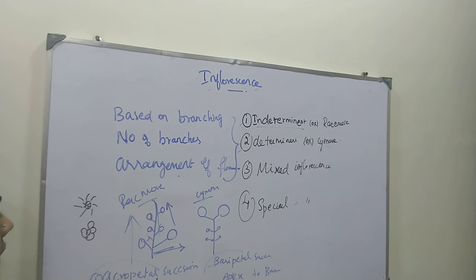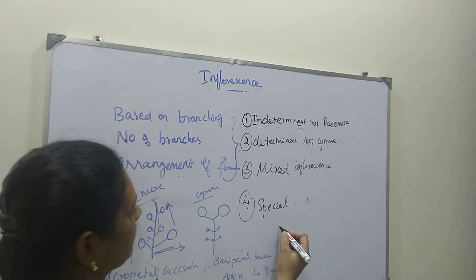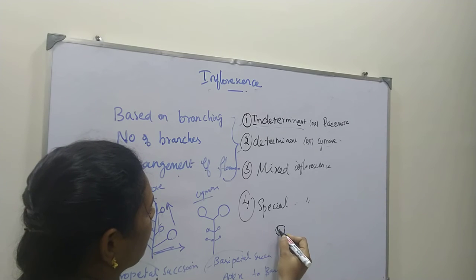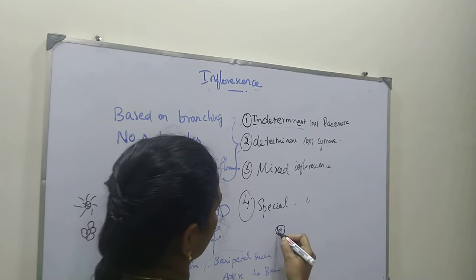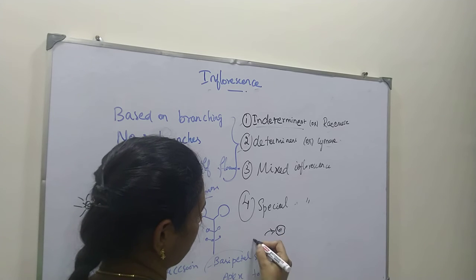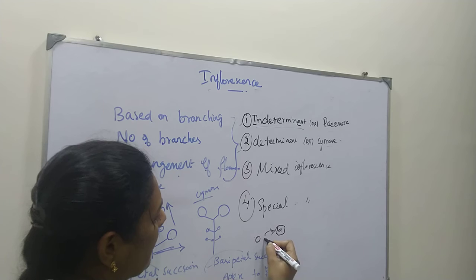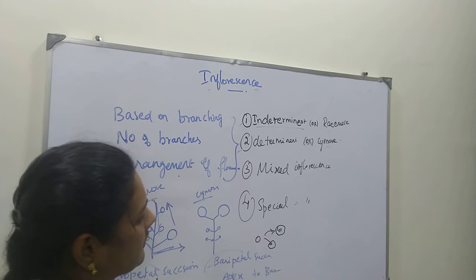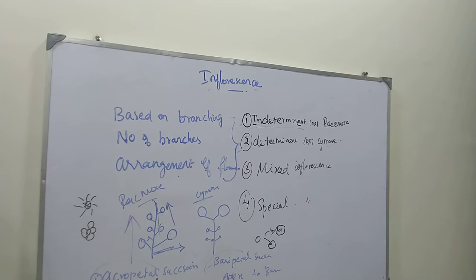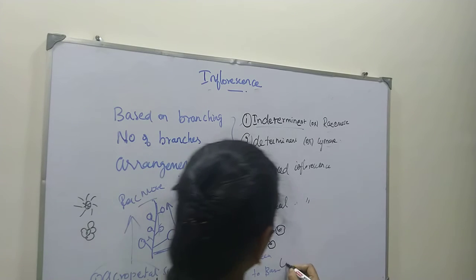And centrifugal, if you take, suppose this is a flower, it has to blossom like this. This is a bud. So the middle part has to open, then the centrifugal part, that is the peripheral part, opens. So this is called centripetal and centrifugal.